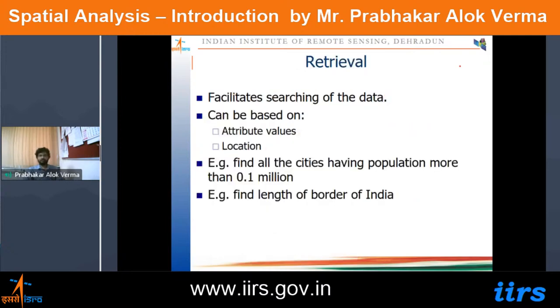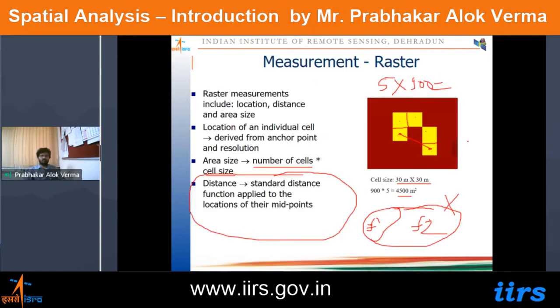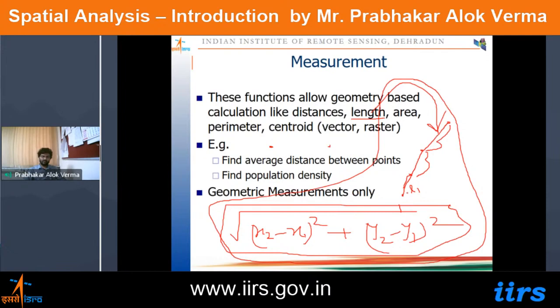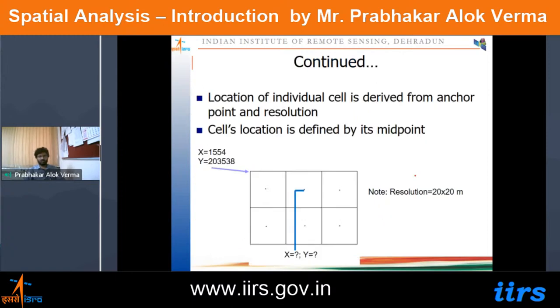In case of rasters, as I have explained, in case of vector like point or polygon, the coordinates of each vertex are stored. But in case of raster, it is not like that.